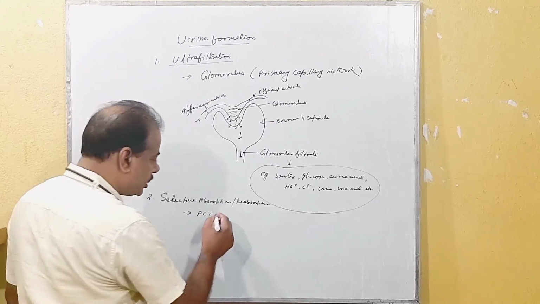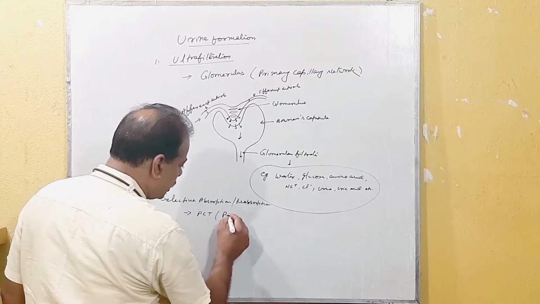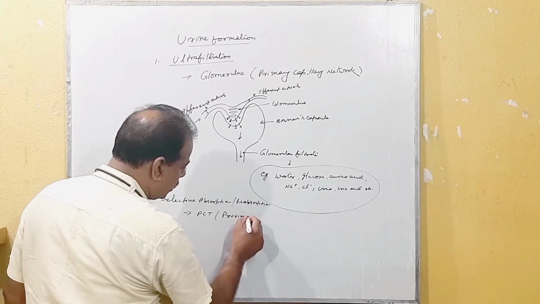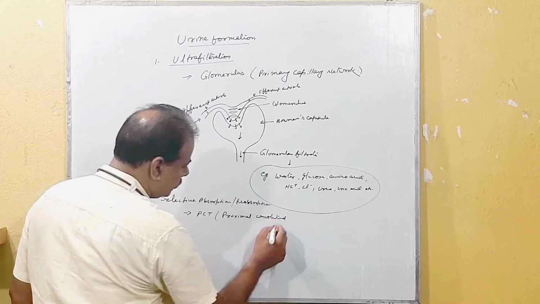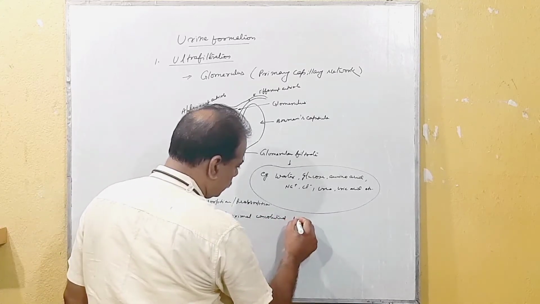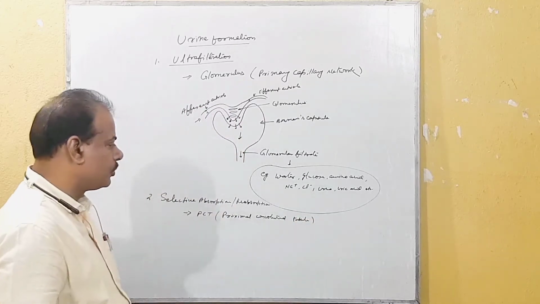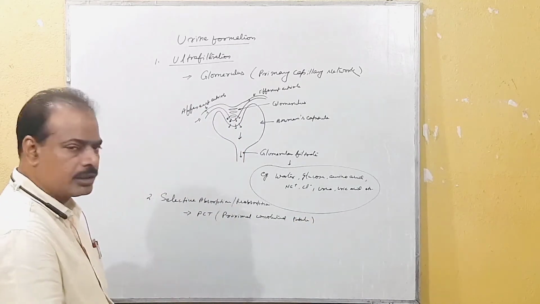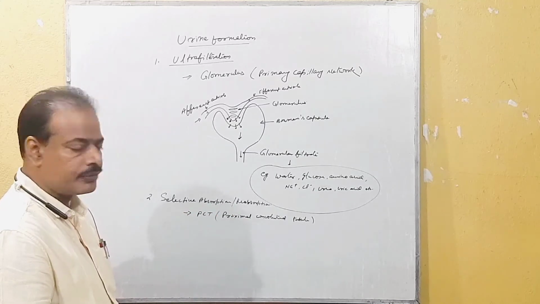PCT is the first part of the renal tubule, and it stands for proximal convoluted tubule. So the proximal convoluted tubule, or PCT, is the site of selective absorption or reabsorption.